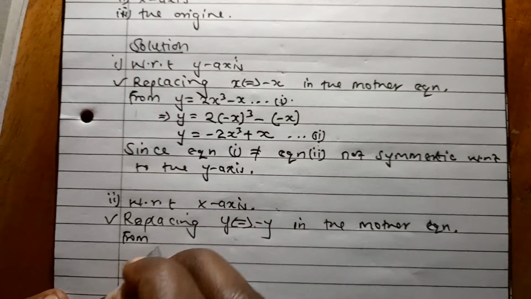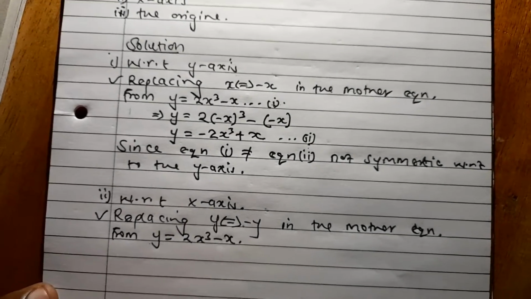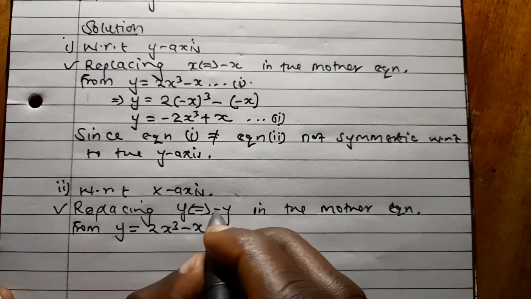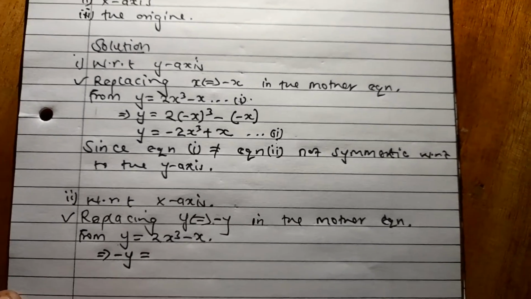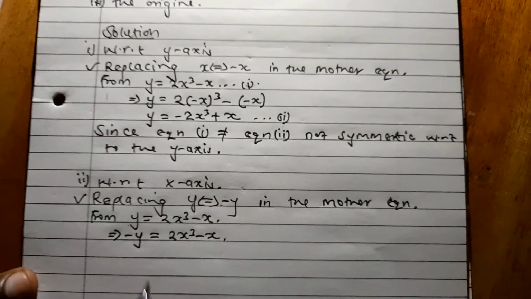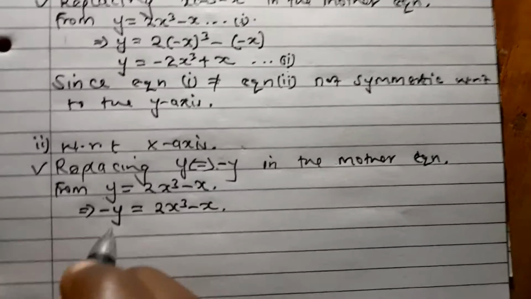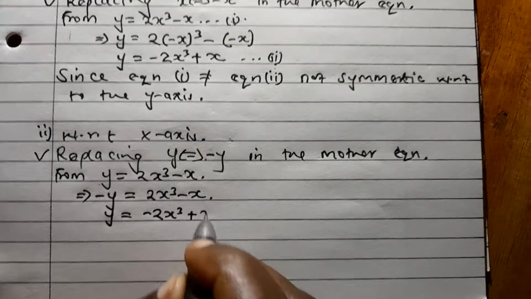What does this mean? From the mother equation, y is equal to 2x cubed minus x, where there is y, we replace it with negative y. So negative y is equal to 2x cubed minus x. If we divide through by negative, we have y is equal to minus 2x cubed plus x.